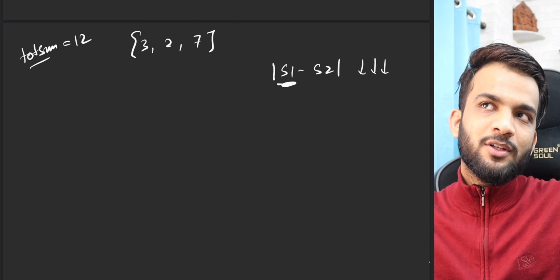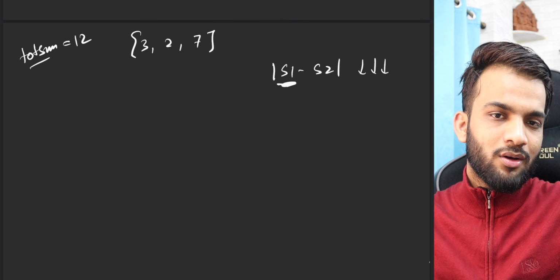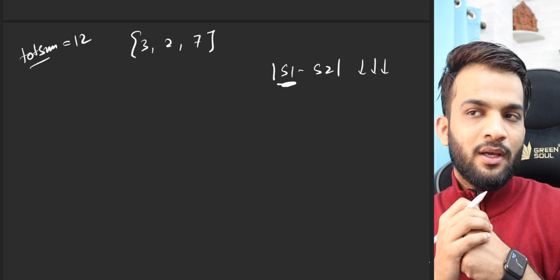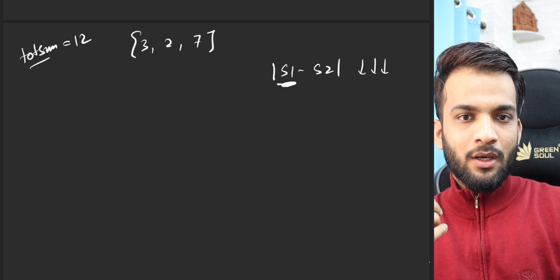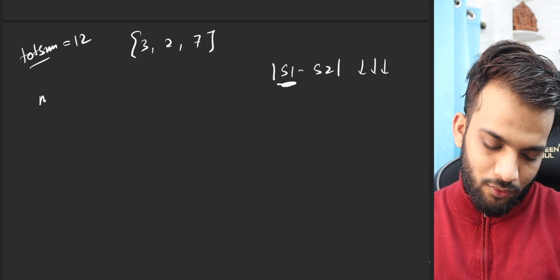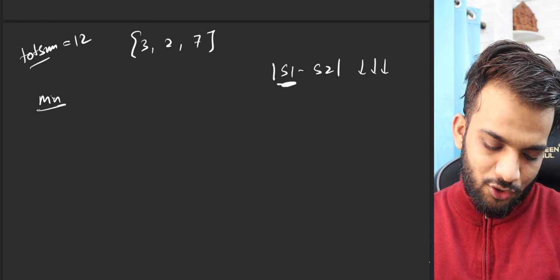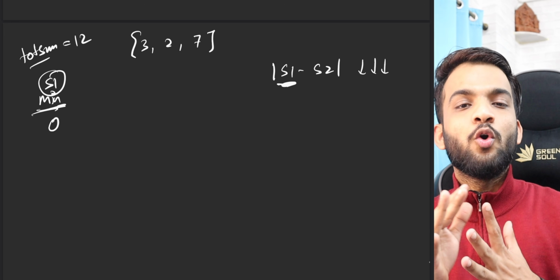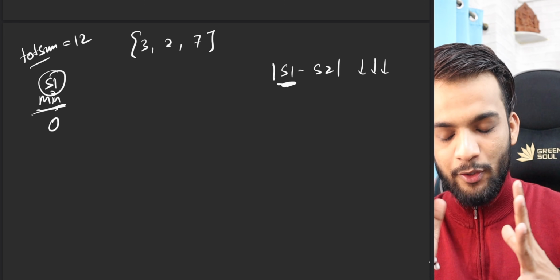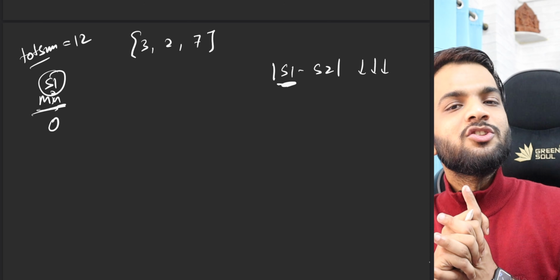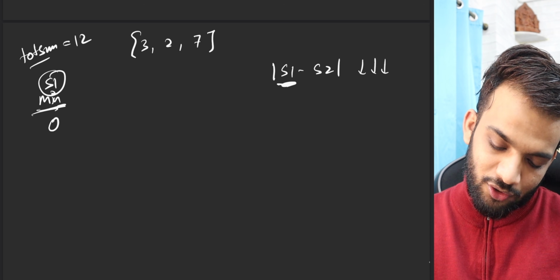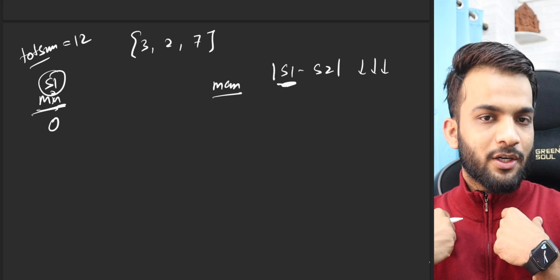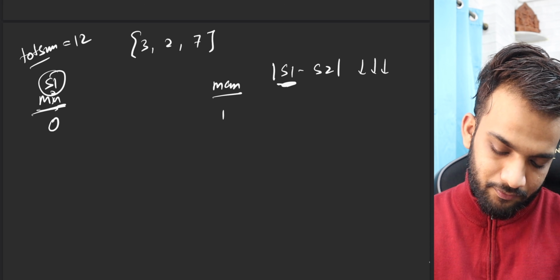Because I can say I'll try out all partitions of S1. You'll be like, but Striver, how's it going to work? It's going to work. If I ask you what can be all the partitions of S1, can I say the minimal summation of S1 will be 0, where I do not pick up any element? Make sense? And the maximum summation will be when all the elements are in my partition, which is 12.